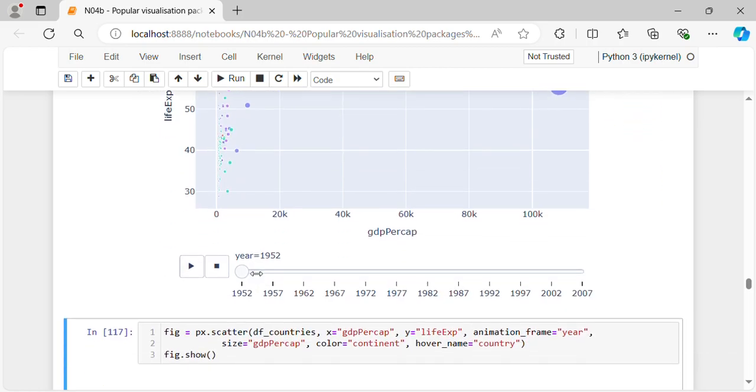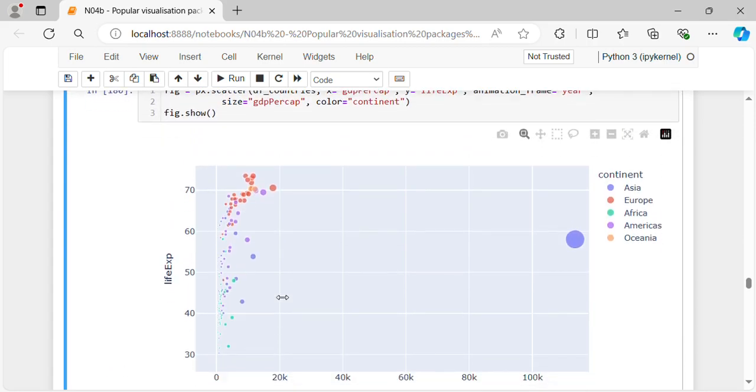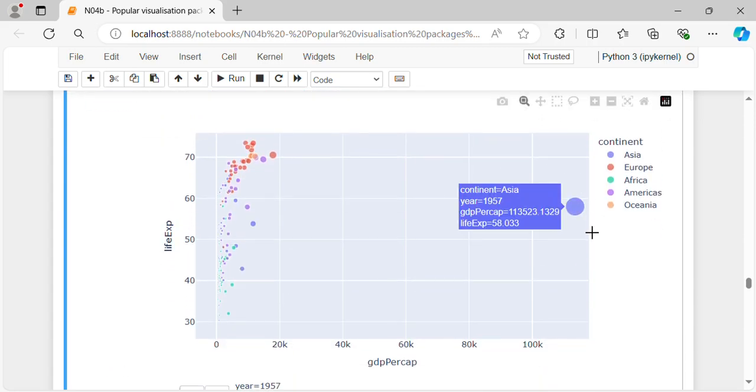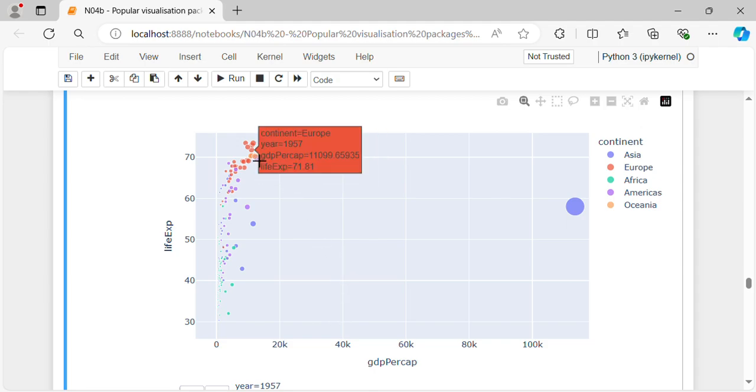So in the next one, we have an animation frame over here, and the years are representing the animation frame. So if I click on 1957, then we can see that this is the data for 1957, and still for the continent Europe there is very high life expectancy, and the GDP is still less than 20k for Europe.